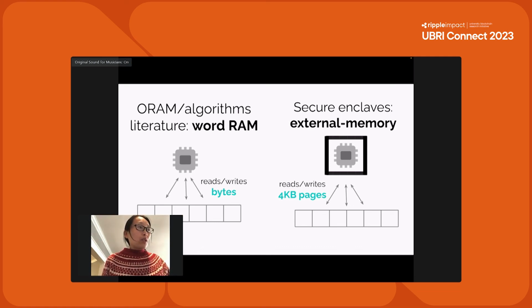Whereas if you implement it in a secure enclave, oftentimes the I/O cost, the cost to read and write memory pages, will dominate the computation costs. So in practice, we also want to have implementations in the so-called external memory algorithm model, where we optimize for the I/O cost as well, besides the computation cost. By I/O, I mean memory reads and writes.